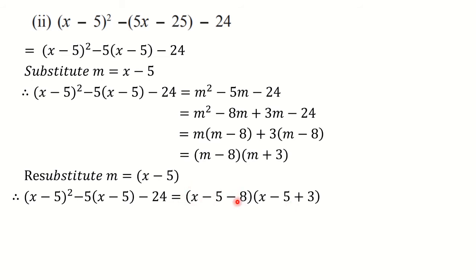Now here square is not there. These are not quadratic polynomials. So there is no question of factorization. Only you are going to see these two numbers. Here we can add them. Here we will get minus 13 and here we will get minus 2. So write down that answer. Okay, so x minus 13 and x minus 2 are the factors. Copy it down.